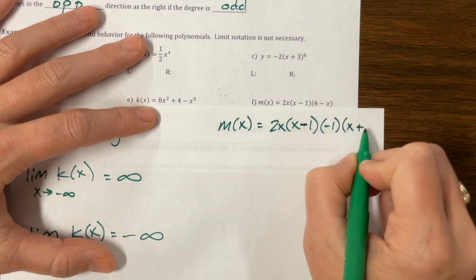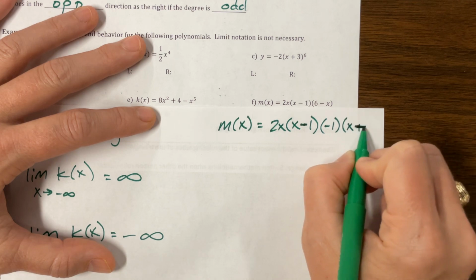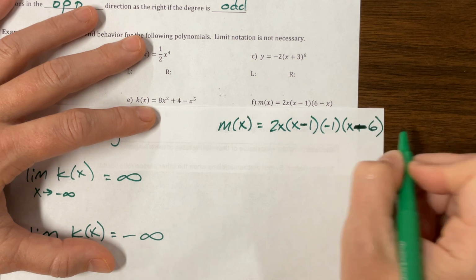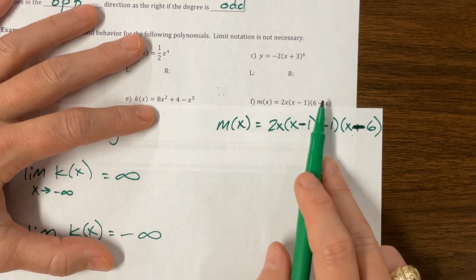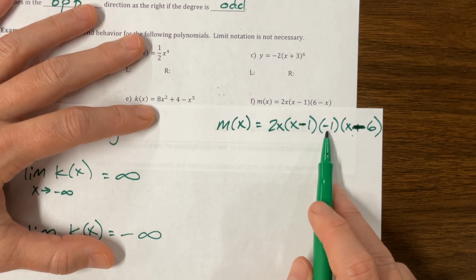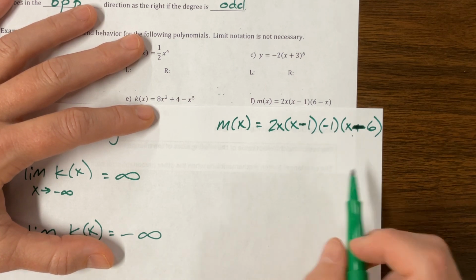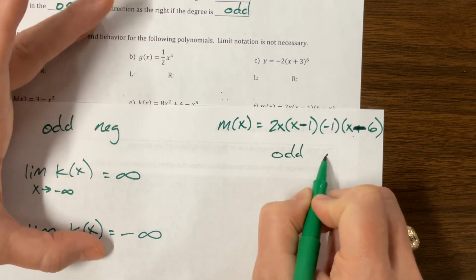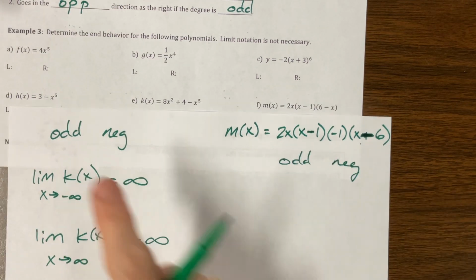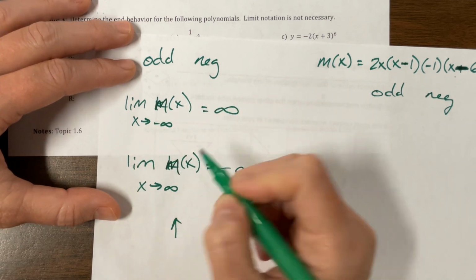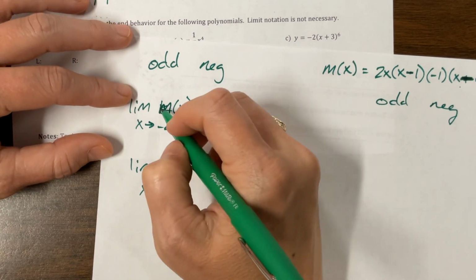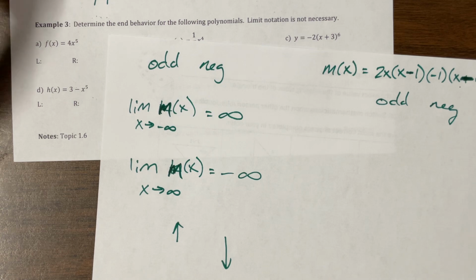This becomes a positive x plus, I lied, minus 6. This helps me see the zero a little more clearly. My zero is still 6, but this shows me that my leading coefficient is going to be negative. So this is odd and negative again, which does the same thing we just saw. I could come back to this equation and change all these to m in the limit notation, and we're good to go.